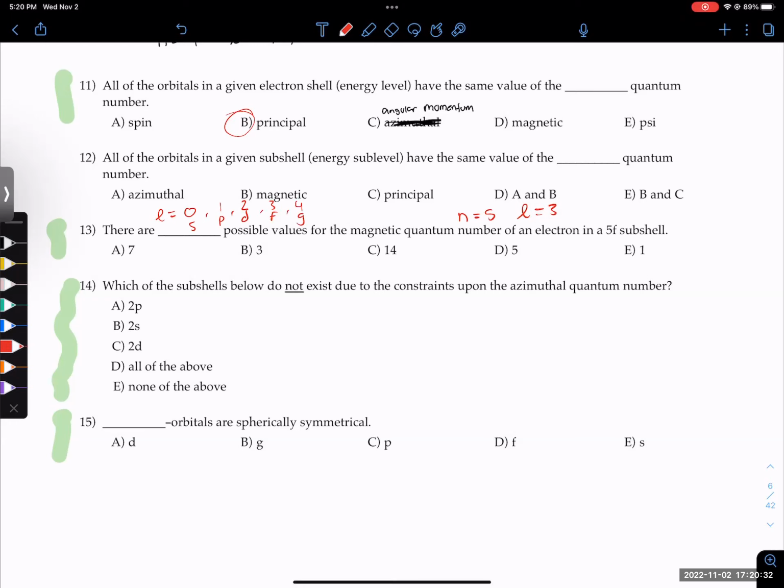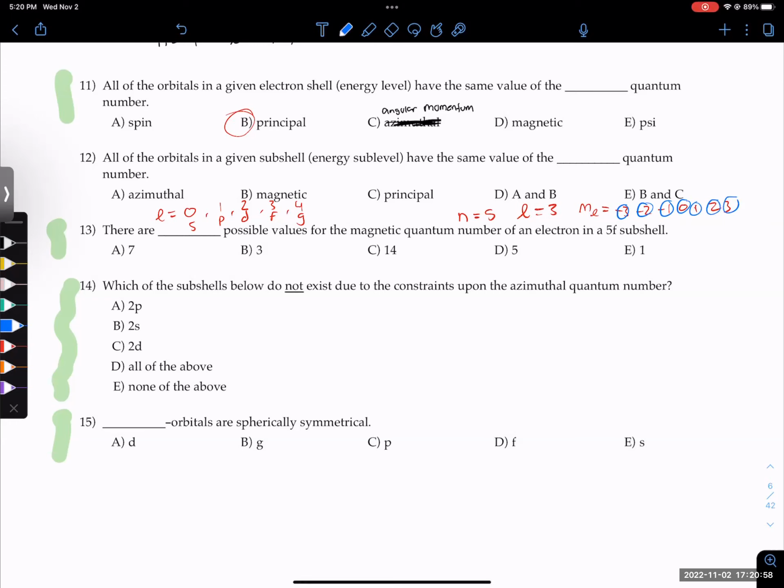So L must be 3, and then M sub L has possible values from negative L to positive L. If we write all of them out, M sub L can be -3, -2, -1, 0, 1, 2, 3. That's 1, 2, 3, 4, 5, 6, 7 different orbitals in the F subshell.